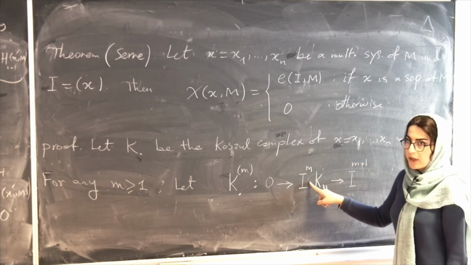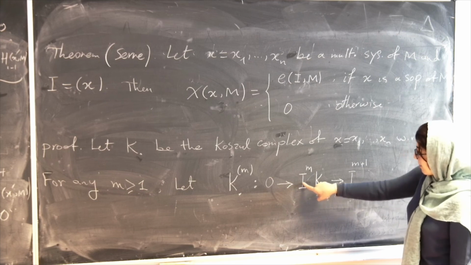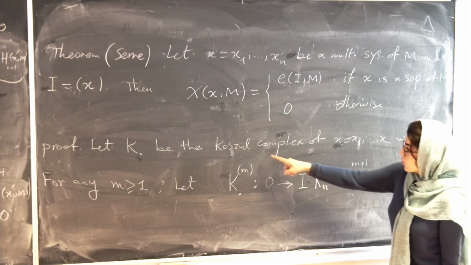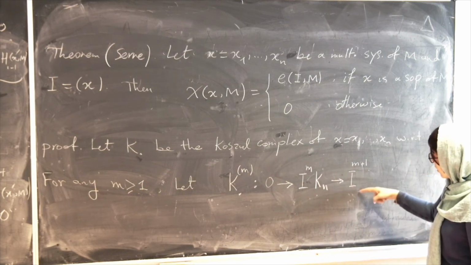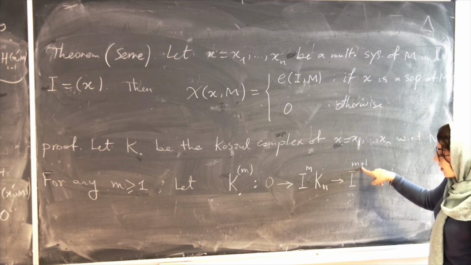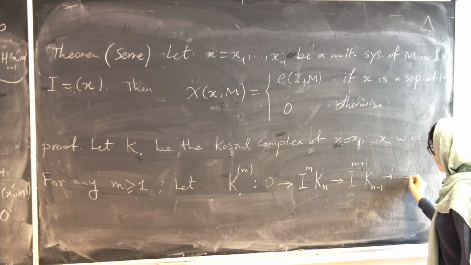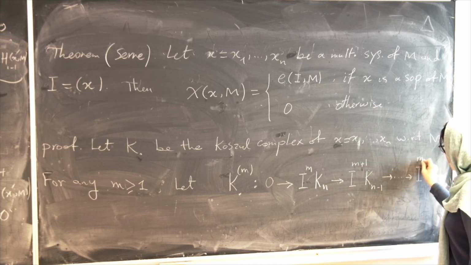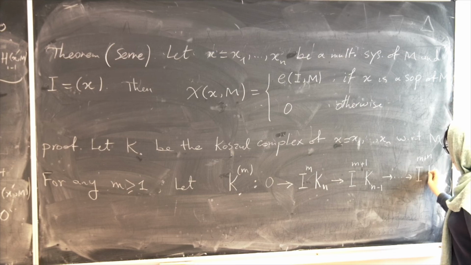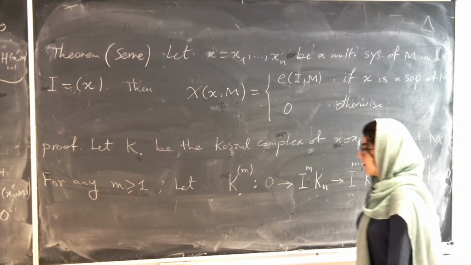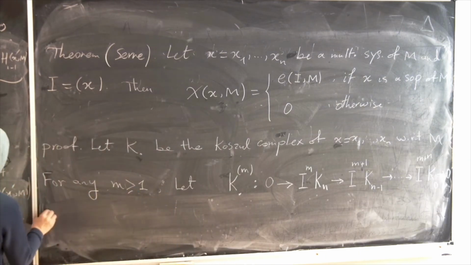Of course, when you choose an element here and map it via the Koszul complex, it goes to one higher power. So we consider this subcomplex of K dot.